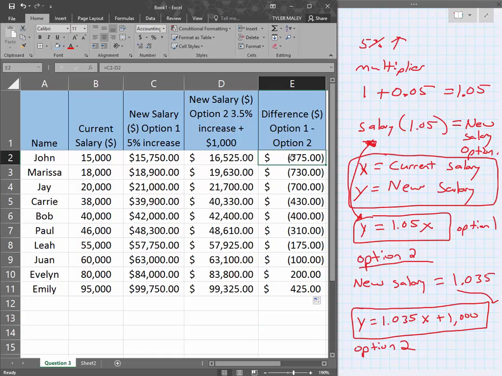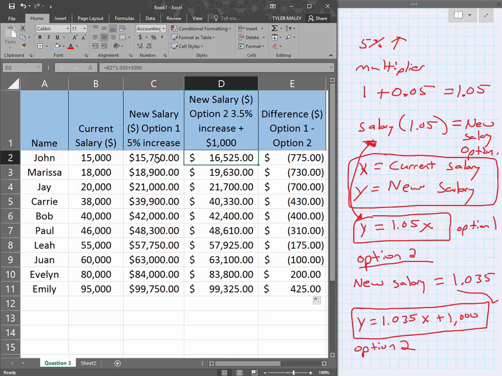So since this $775 has parentheses around it, that means it's a negative number. In word form, it means that option 1 is less than option 2.